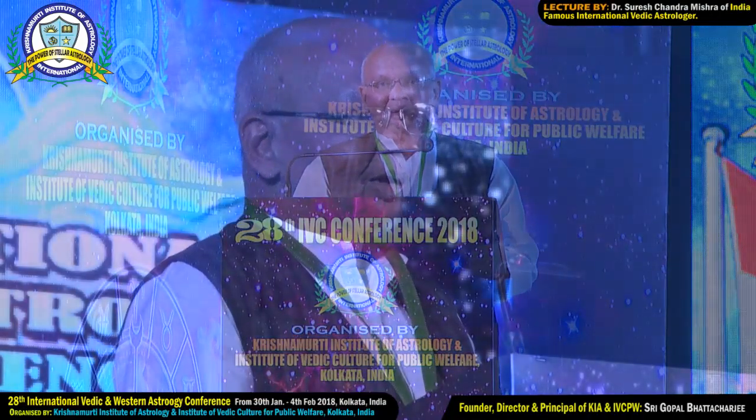But sometimes all planets except the Sun, Saturn, Mars, Mercury, Jupiter, Venus and Moon, all five sometimes obtain a higher declination that is not stipulated in our classical works.